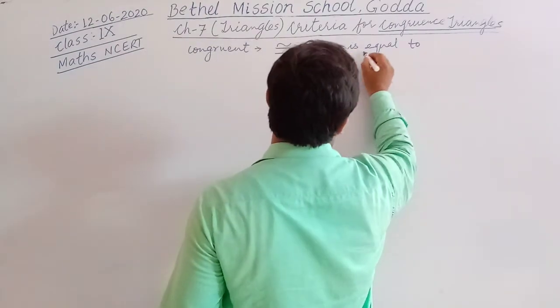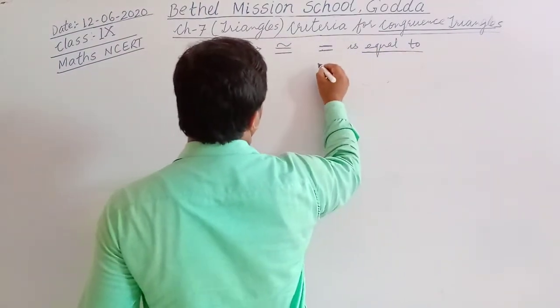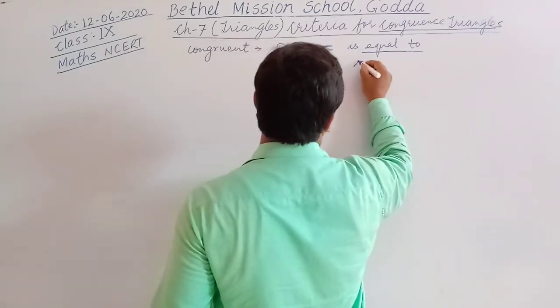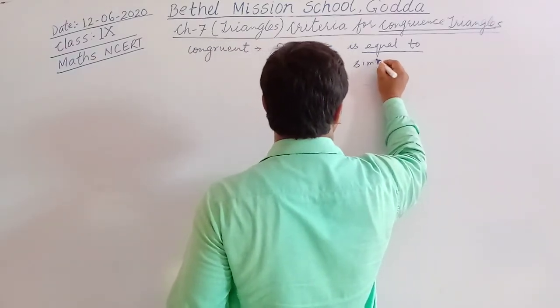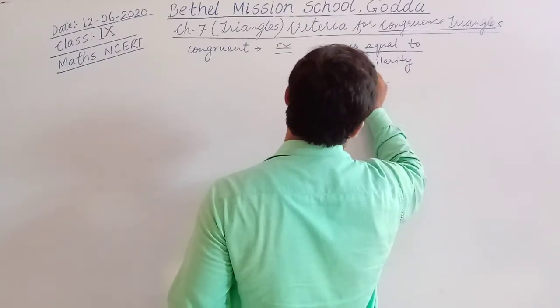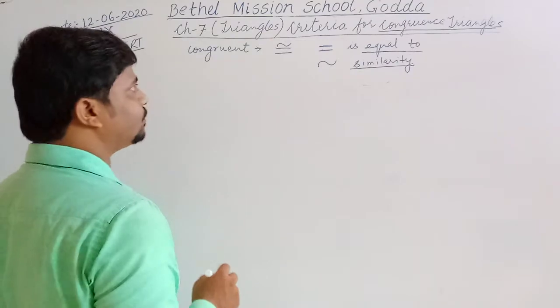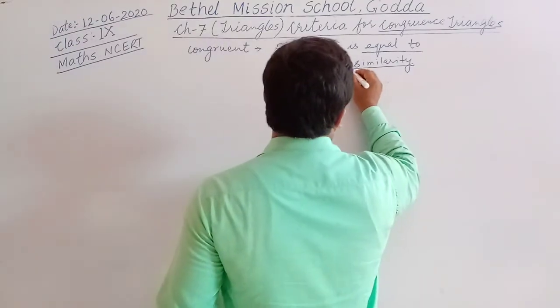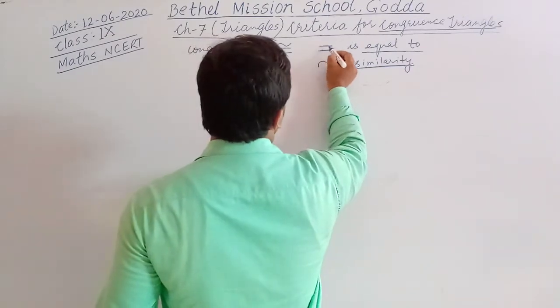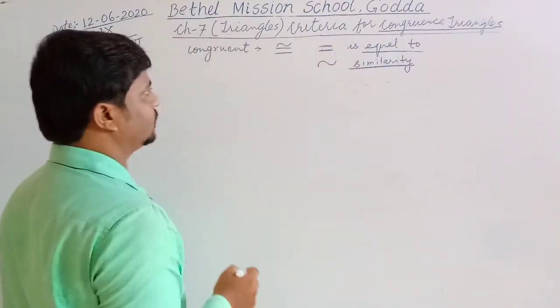This is the symbol of equal to. Another is this symbol, and this is the symbol of similarity. Similarity means looking the same, but equal means equal in size.